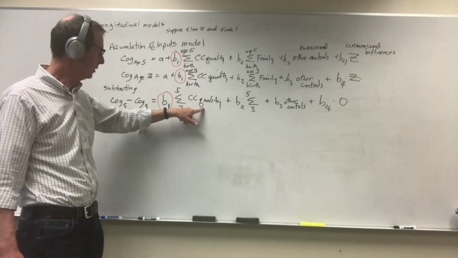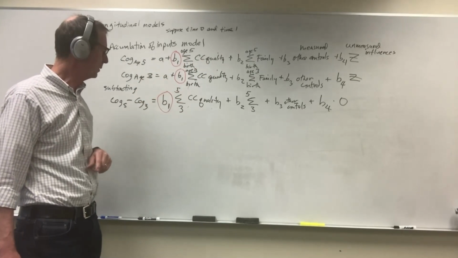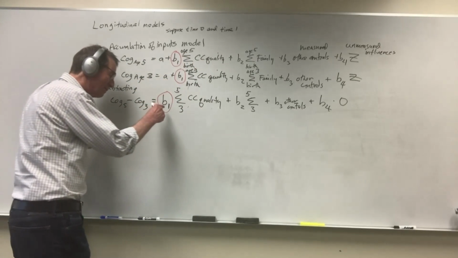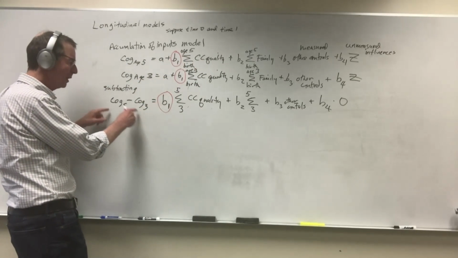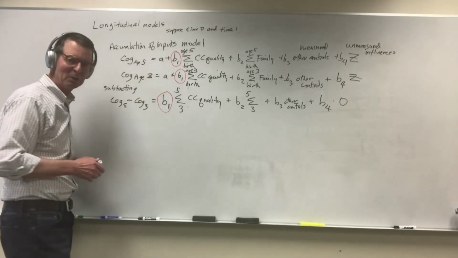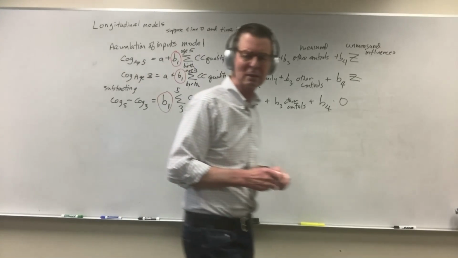This is childcare quality average between ages 3 and 5. But because you've got change over here and because algebra works out, this B1 has exactly the same interpretation as those B1s.